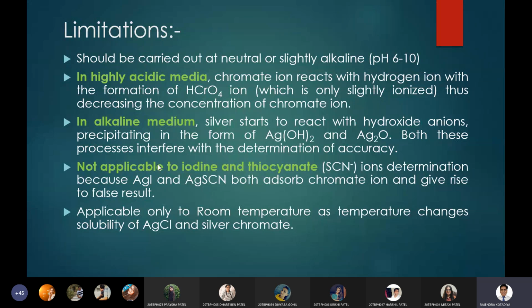Likewise, in alkaline medium, you will find more hydroxyl ion. So because of the more hydroxyl ion, જેવું તમે silver nitrate add કરશો, it will form AgOH twice, અને એના precipitate તમને દેખાશે, which is not required. ઓકે, આપણે ક્લોરાઇડ આયન એસ્ટિમેટ કરવાનું છે એટલે AgCl ના precipitate બનવા જોઈએ, but in place of AgCl, AgOH twice ના precipitate થાય છે in alkaline medium.